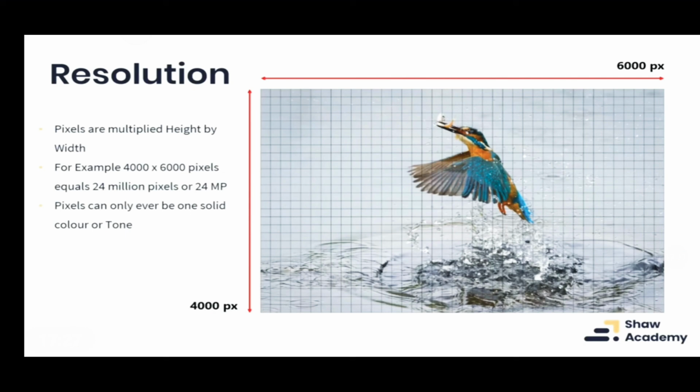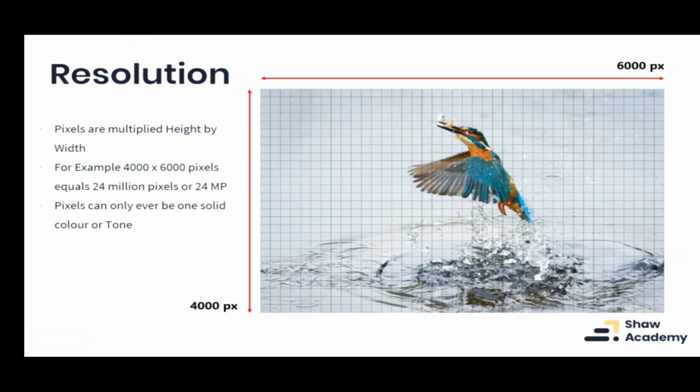Now, pixels can only ever be one solid color or tone. In this example, I've just created a basic, simple visualization of it. But in reality, if you were to zoom very closely into the point where you could see the pixels, they will only ever be one color or one shade.